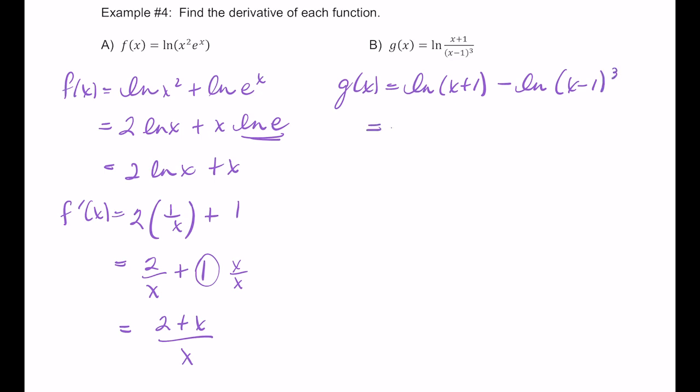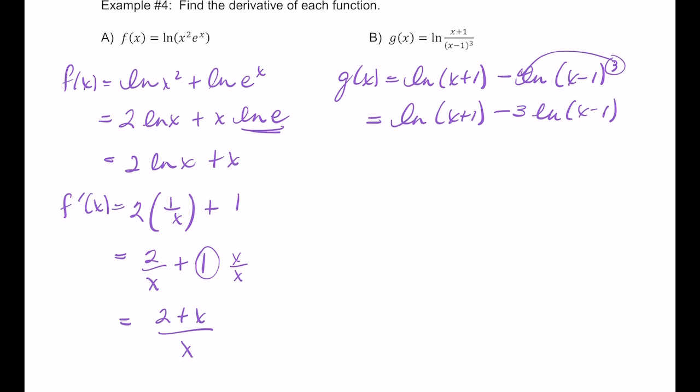Okay, and again, I can take that cube and put it down in the front. So I would have the natural log of x plus 1 minus 3 times the natural log of x minus 1. Okay.